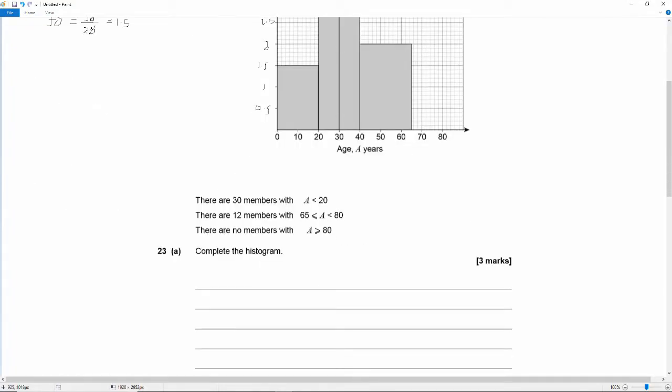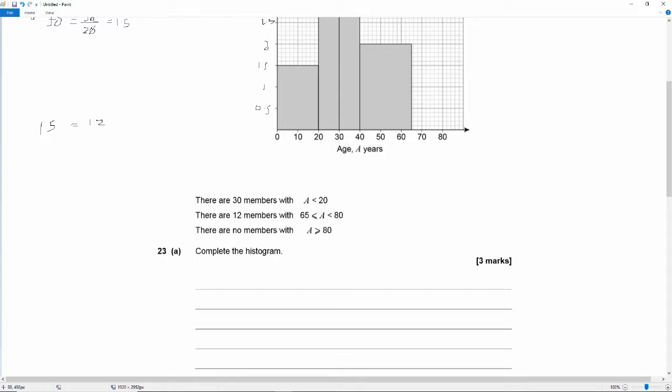Okay, so we know that there are 12 members aged between 65 and 80. So the class width between 65 and 80 is 15. 80 minus 65 is 15. So 15 times the frequency density is equal to 12. Actually, I shouldn't say x, I'm being algebraic here.